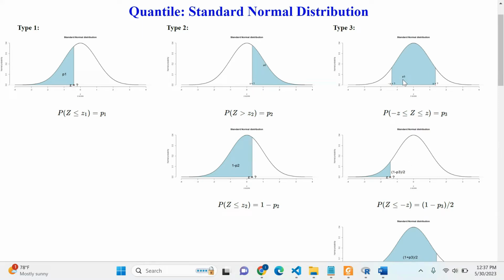Similarly, for this middle quantile, we take the complement of this probability P3, that is 1 minus P3, that is the complement. So we consider this as leftover. This leftover 1 minus P3 needs to be divided equally into two tails. So each tail gets the share of half of 1 minus P3. So this is the half of leftover on the left side. So this is a left quantile problem.